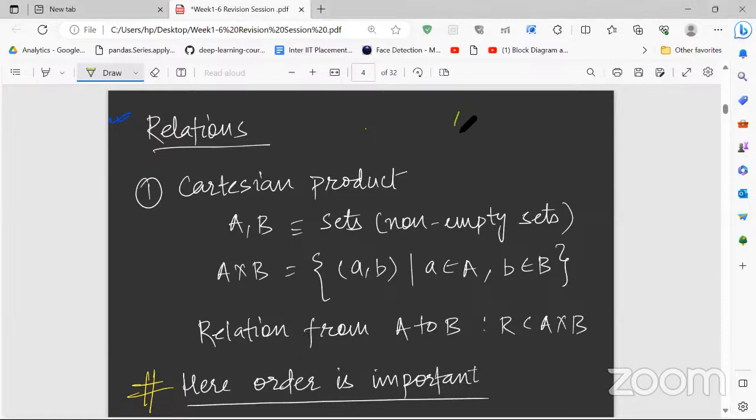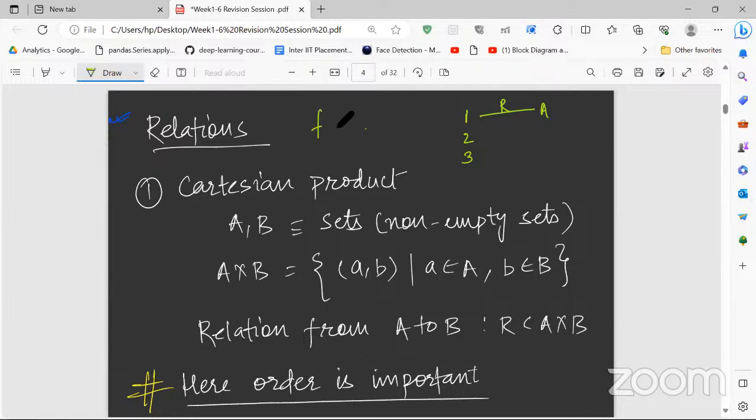Because if you have a relation where A is related to B, for example, we have a set 1, 2, 3, and 1 is related with some relation R to A, that doesn't mean that A is similarly related to 1.